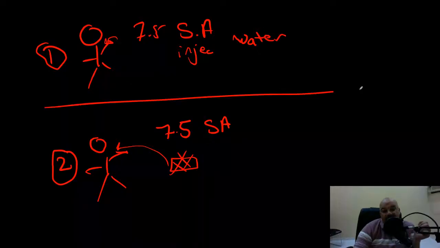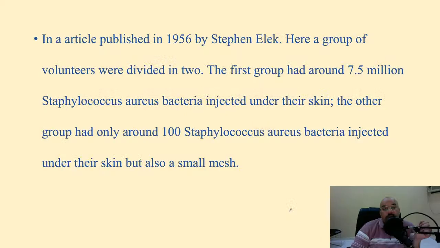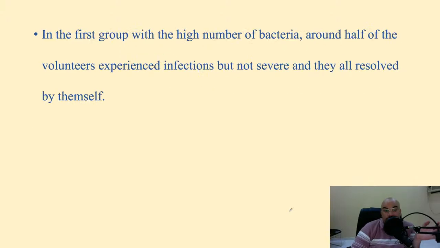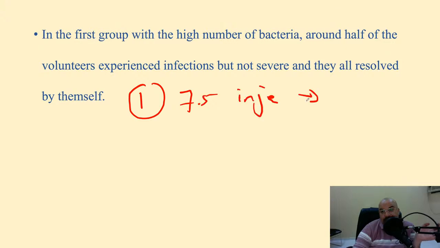The result was amazing and really changed the way people think about how we work on this. In the first group that received 7.5 million Staphylococcus aureus as an injection, no one got a severe condition.